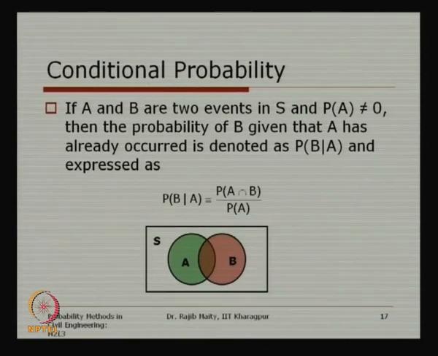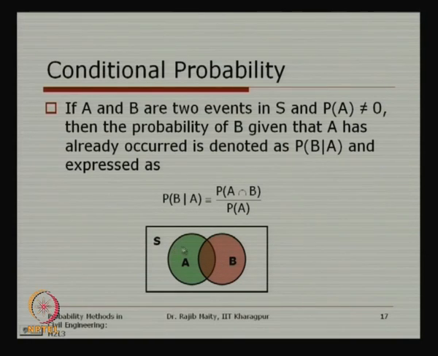The next thing which we are going to cover is known as the conditional probability. Here, conditional probability means that in the sample space, two events are given and we are interested in knowing the probability of a particular event given some condition that the other event has already occurred.